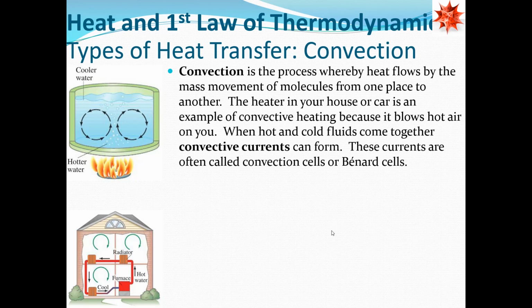Convection is a type of process where heat flows through the mass actually moving from one point to another. Unlike conduction, where molecules bump into the next part but don't actually transfer, like the molecules in the spoon didn't transfer into the glass, here we actually have molecules moving from one point to another.